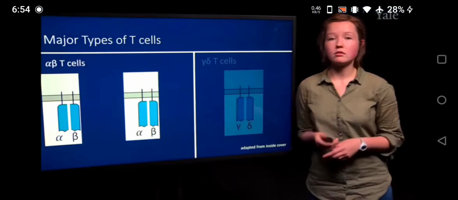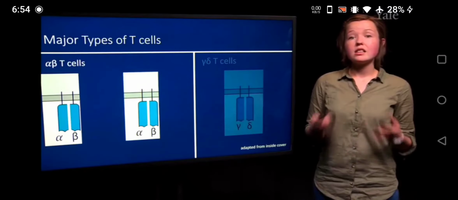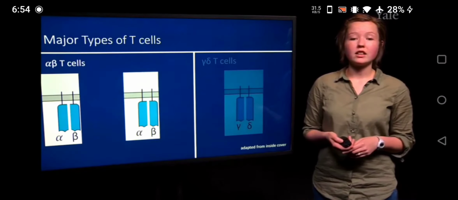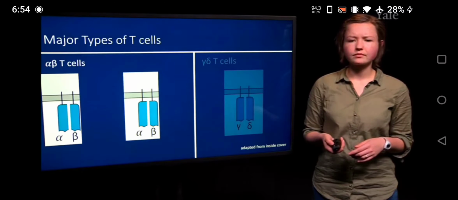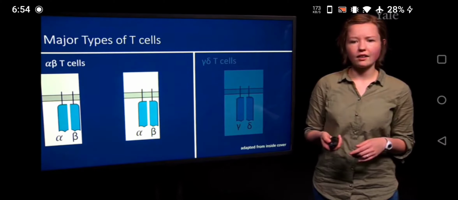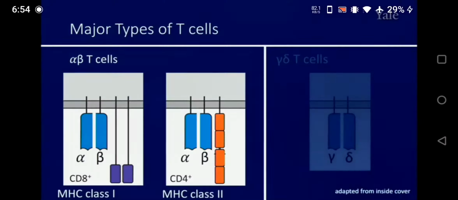There's an alpha receptor chain and a beta receptor chain, and these types of cells can be subdivided even further depending on the co-receptor that they have. So there are two different types of alpha-beta T cells, CD8 positive.